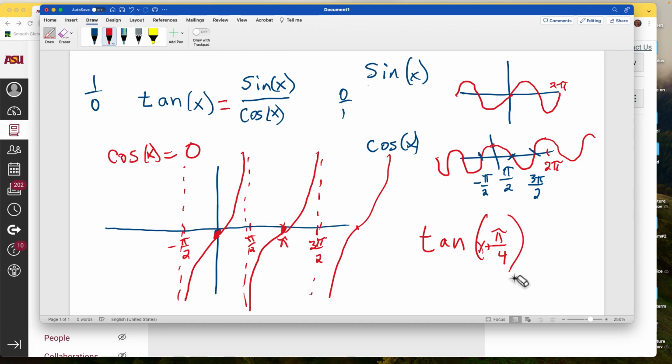If I were to add something on the outside, which I'm not sure they do or not, that would move it up or down. So that's basically what this lesson is about: now that we know what tangent looks like in general, what would various transformations to the tangent do?